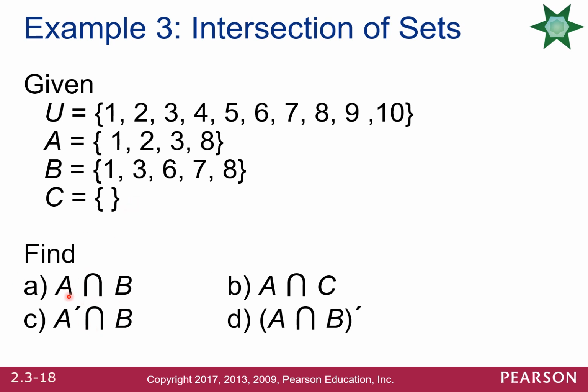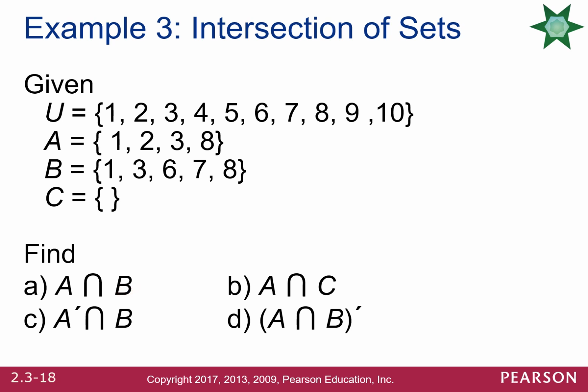The first part of the question says find A intersection B. So the elements that are common to both A and B. So we look at the two sets here, set A and set B, and figure out which are the common elements, and we are going to list them here in roster form.